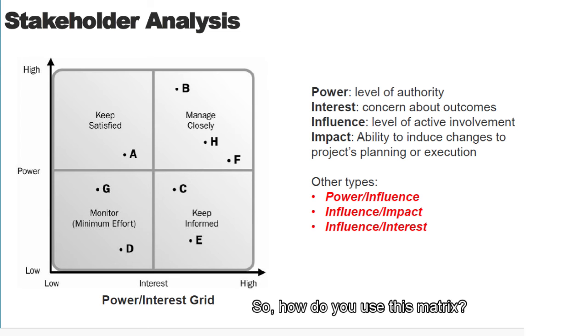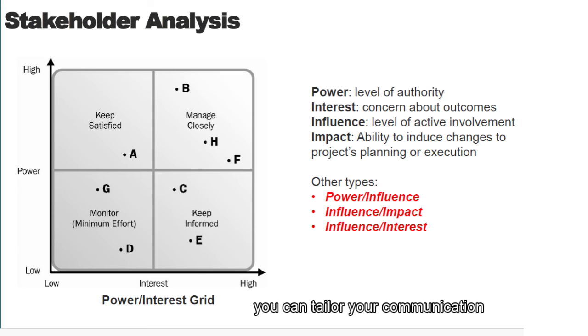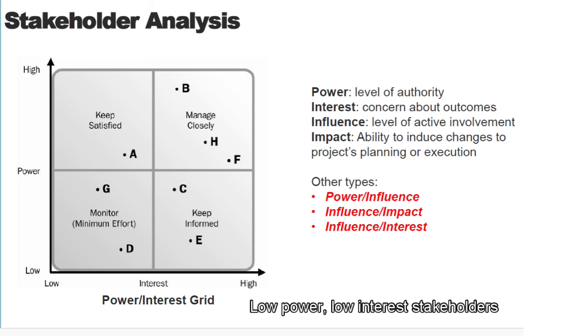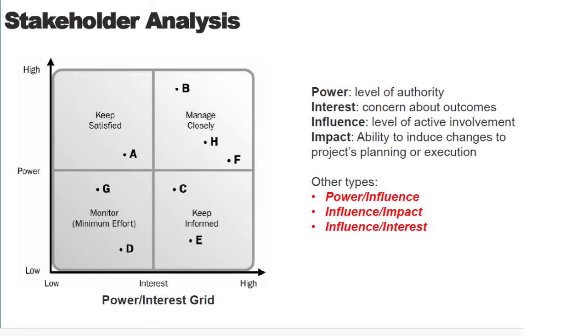So how do you use this matrix? Well, once you've assessed your stakeholders, you can tailor your communication and engagement strategies accordingly. High power, high interest stakeholders need regular, detailed updates and close collaboration. Low power, low interest stakeholders might only need occasional updates, and so on.